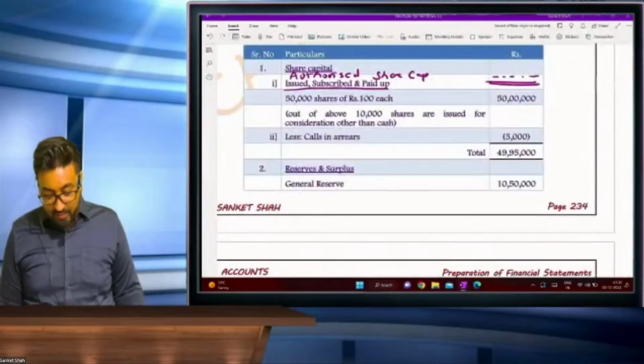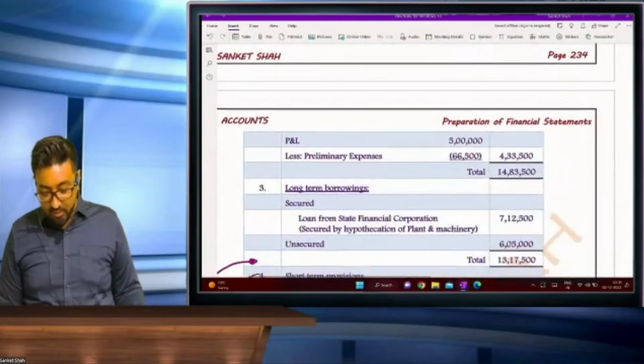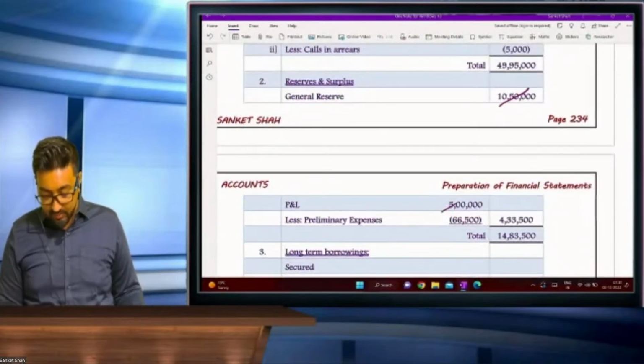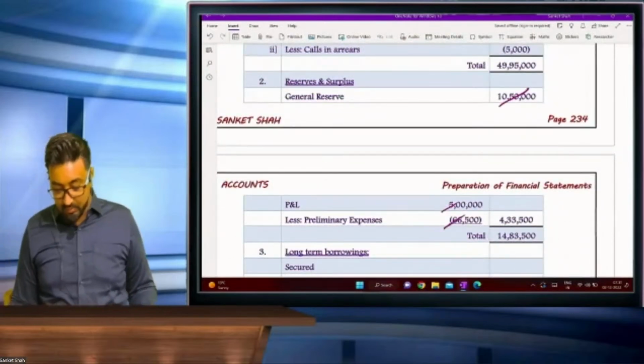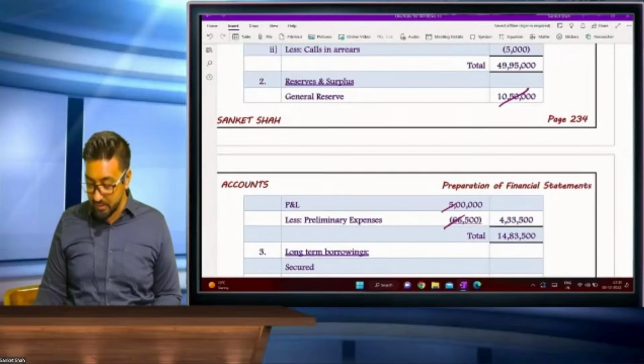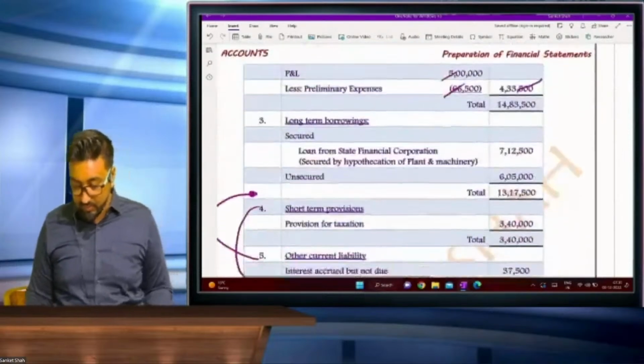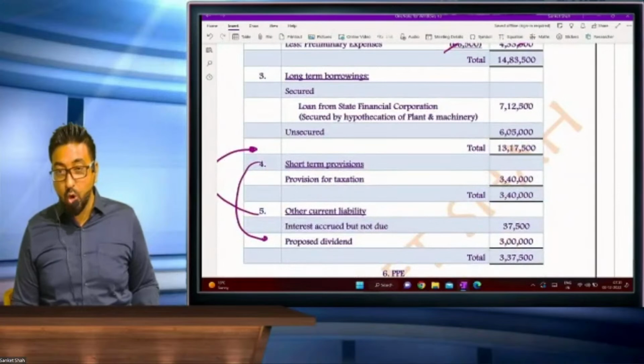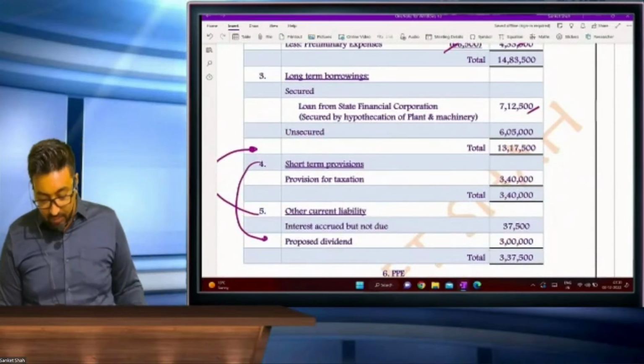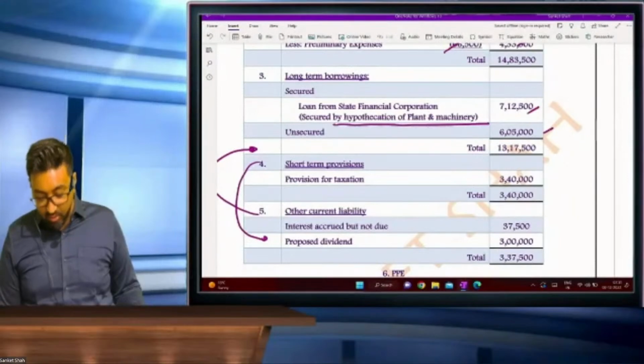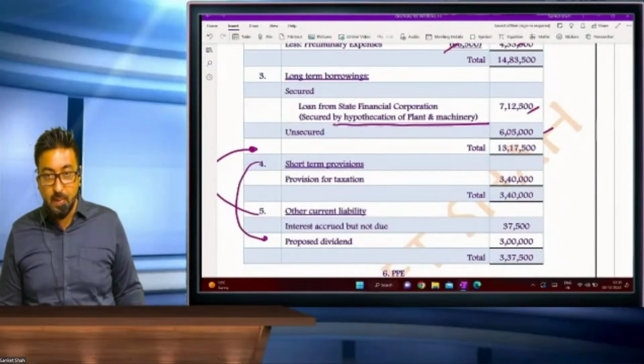Please check the answer. Reserves and surplus, then less preliminary expenses. Then long-term borrowings, secured by hypothecation of plant and machinery, and unsecured 6,05,000.